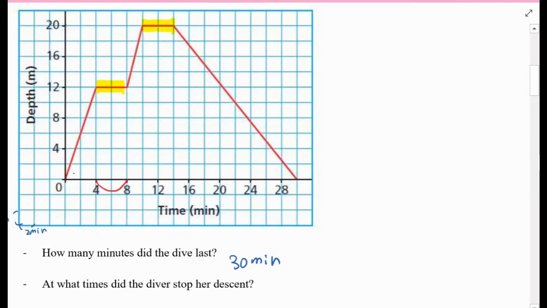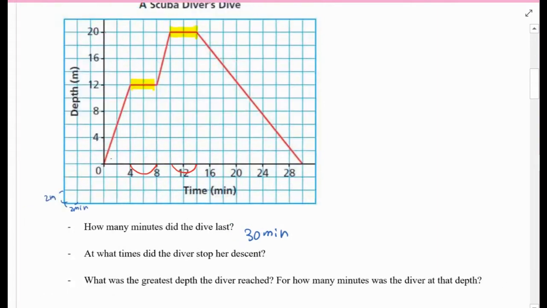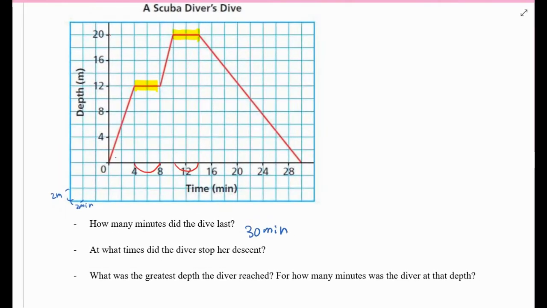And at 20 meters, she stopped her descent for 4 minutes again, from 10 to 14 minutes.